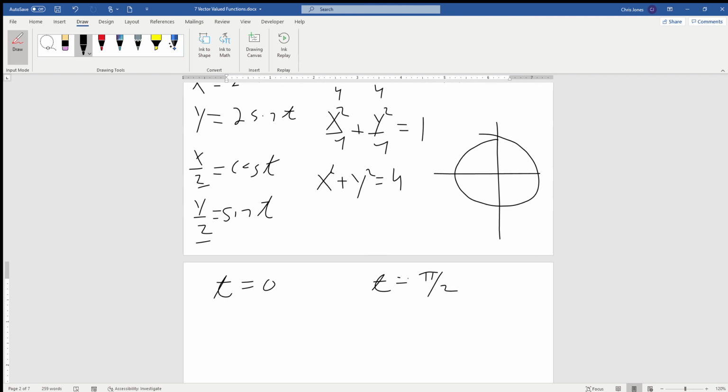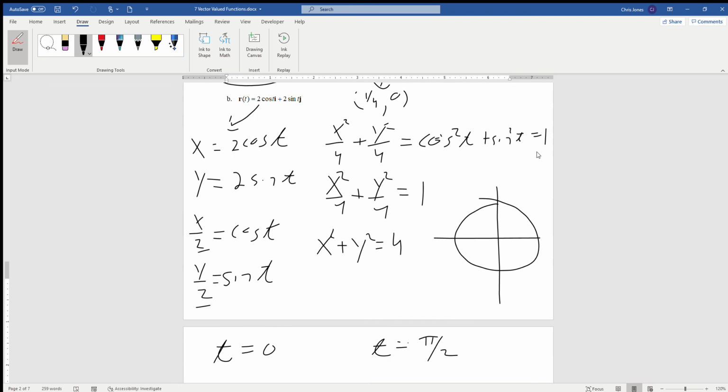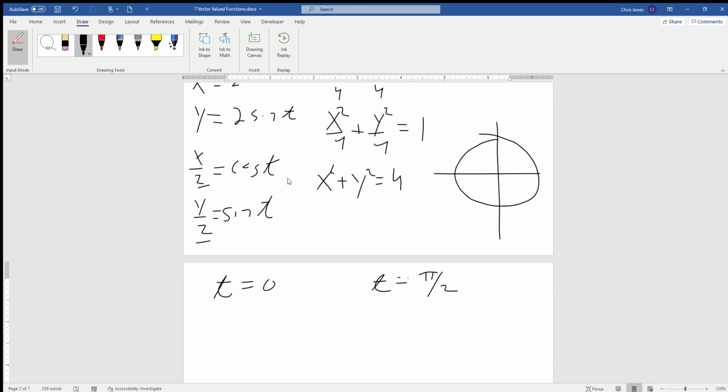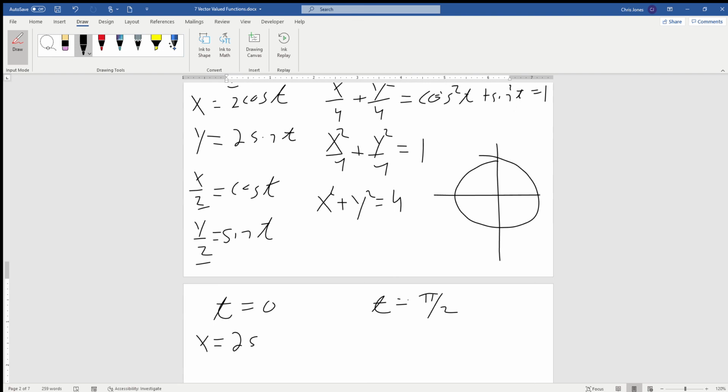So when t is equal to 0, remember that x is equal to 2 cos t, y is equal to 2 sin t. In this case, y is 0.